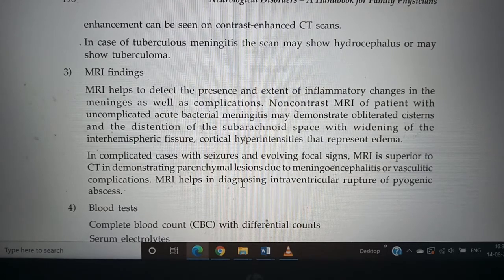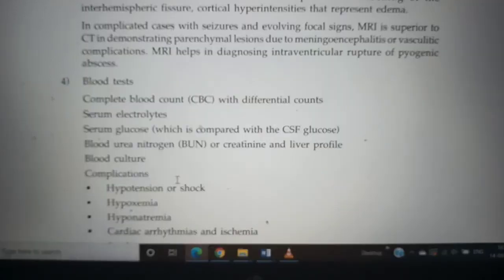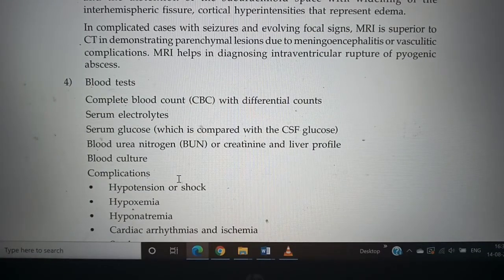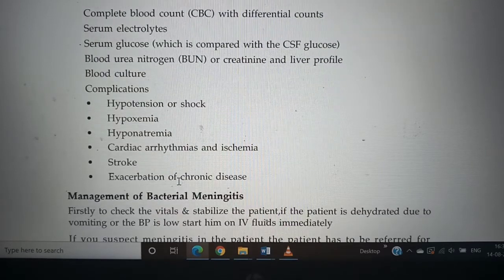There are different presentations in the MRI, like cisterns and distension of the subarachnoid space. All this can help in identifying if there is any meningitis and the extent of damage. Then a complete blood count with differential counts is helpful to find out if there is any infection. Serum electrolytes can be done, and blood culture is done.